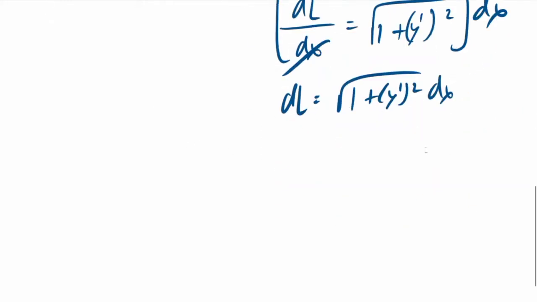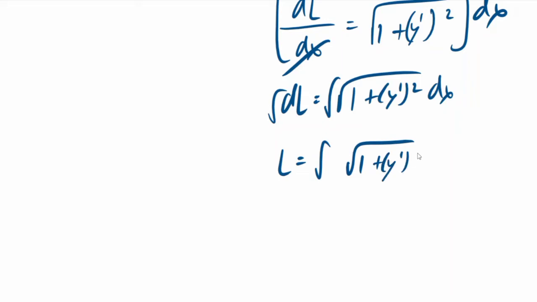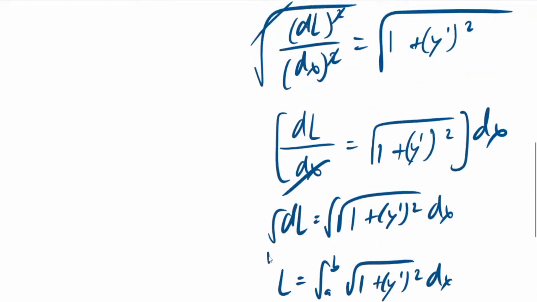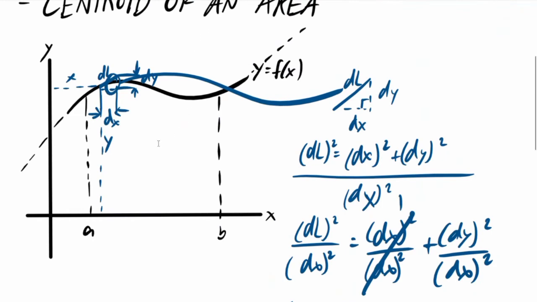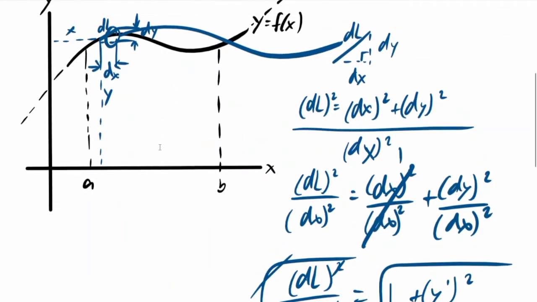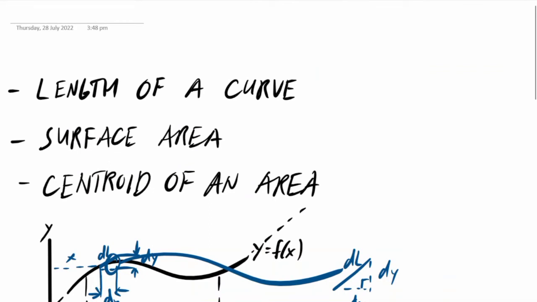For the length, we get the integral of both sides. We are left with the integral of the square root of 1 plus y prime squared dx with limits from a to b. As you can see, this is our formula for the length of the curve here.